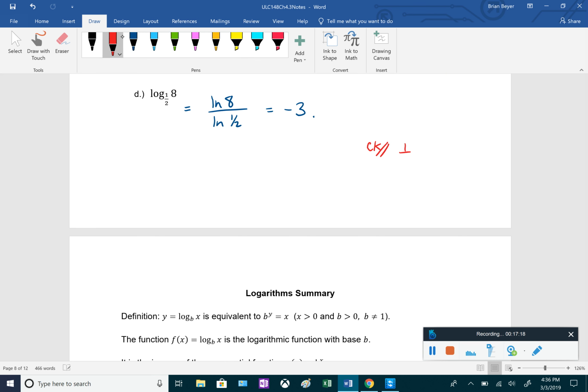In exponential form, this would be 1/2 to the x equals 8. So 1/2 to what power equals 8? So it should make sense that it's -3, because 1/2 to the -3 is going to equal 8 because it reciprocates it. It becomes 2 to the +3 equals 8, which hopefully looks more obvious.